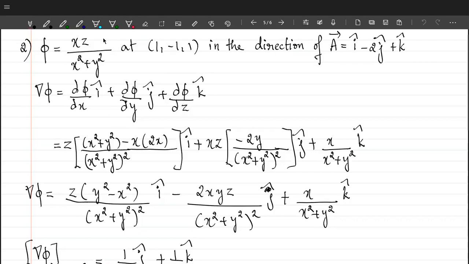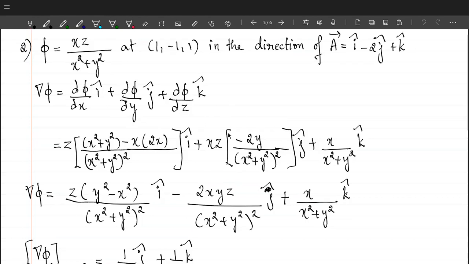The differentiation of 1/(x² + y²) will be equal to −1/(x² + y²)² into the differentiation of x² + y² with respect to y. The differentiation of x² + y² with respect to only y will be equal to 2y. xz is a constant here, I have already explained.